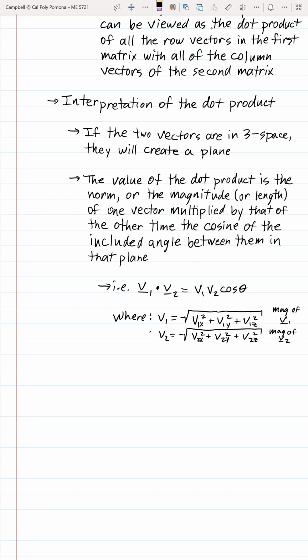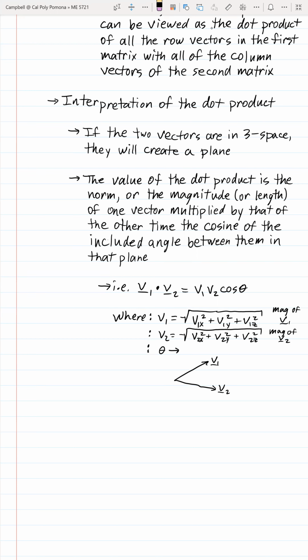And since these are wheres, I'll just continue with my colon notation there, just like before, using it somewhat like a bullet. And then theta is the included angle, namely the acute angle between the two vectors in the plane created by those two vectors.